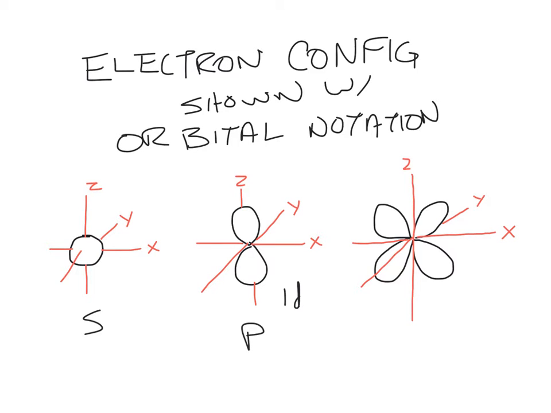Maybe I'll sketch one in there if it doesn't get too messy. So aligned along this y-axis, or aligned along the x-axis. So that's why there are three unique p orbitals, because there's three different ways that we can arrange this shape.